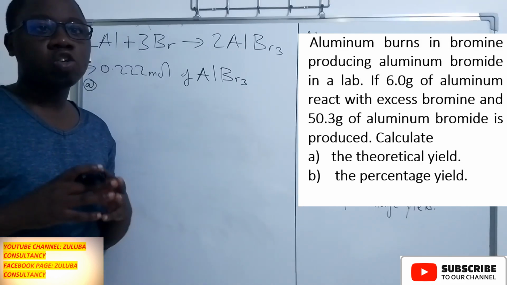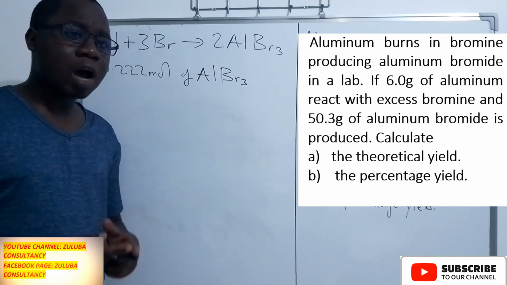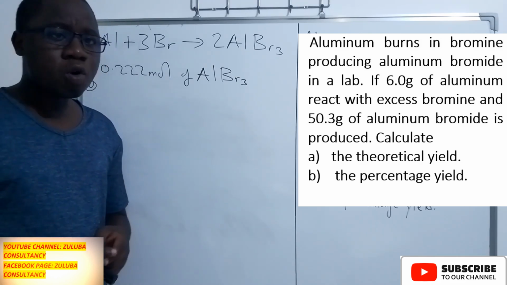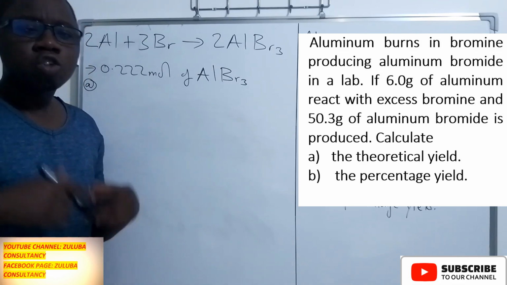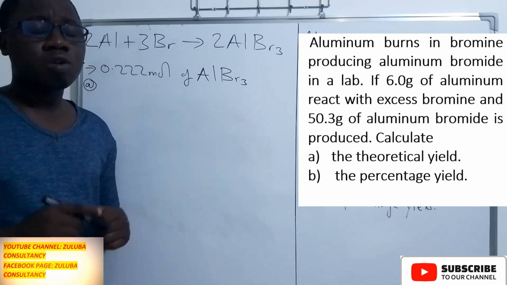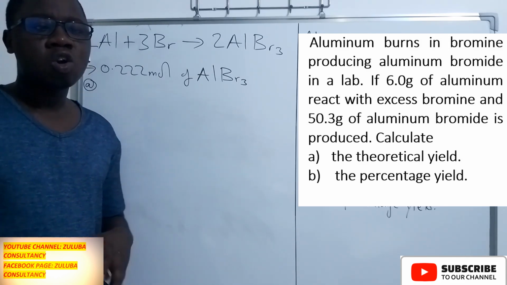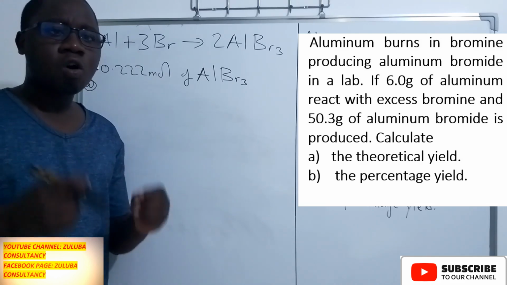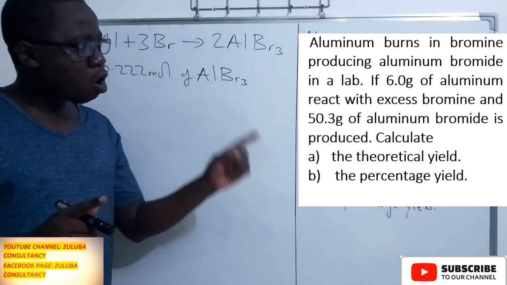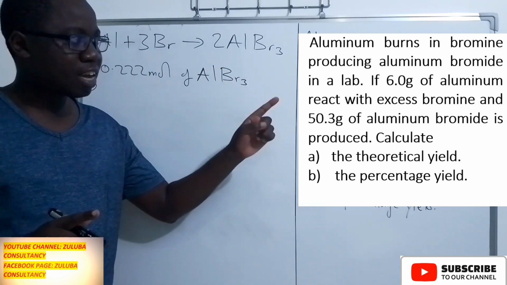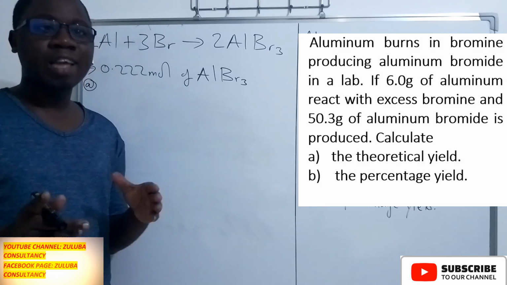At this point, we have managed to come up with the balanced chemical equation. We have also managed to come up with the number of moles of aluminium bromide that can be produced. So we can convert this number of moles of aluminium bromide into the theoretical yield, which is basically the mass of aluminium bromide that can be produced if all of the reactant, in this case all of the aluminium, has reacted.